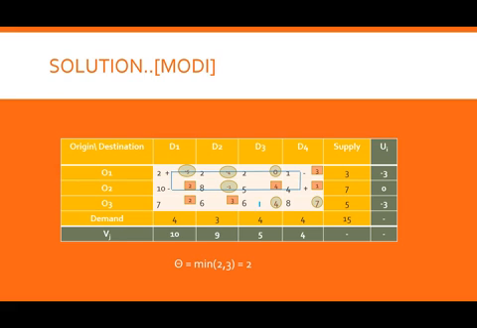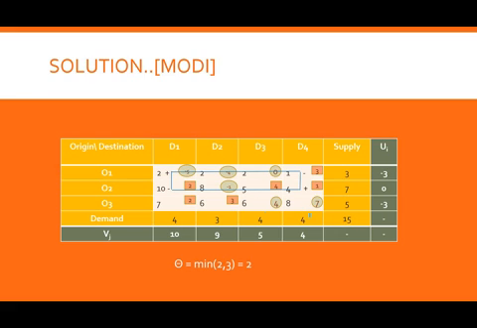Coming to this position, 6 minus of minus 3 is 6 plus 3, 9. 9 minus 5 is 4. EIJ value is 4. 8 minus of minus 3 is 8 plus 3, 11. 11 minus 4 is 7. So the EIJ value is 7.